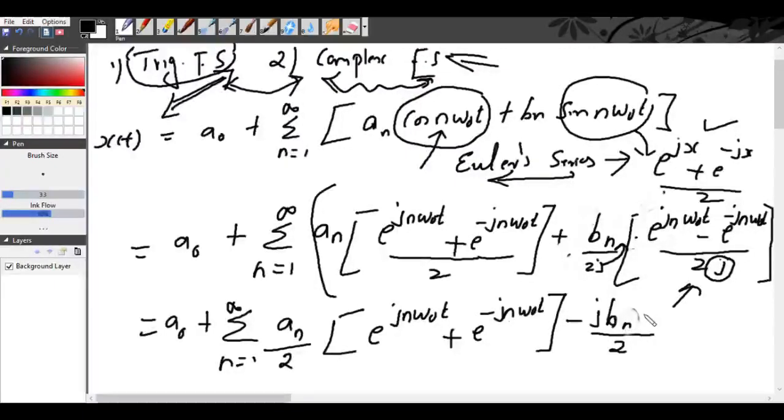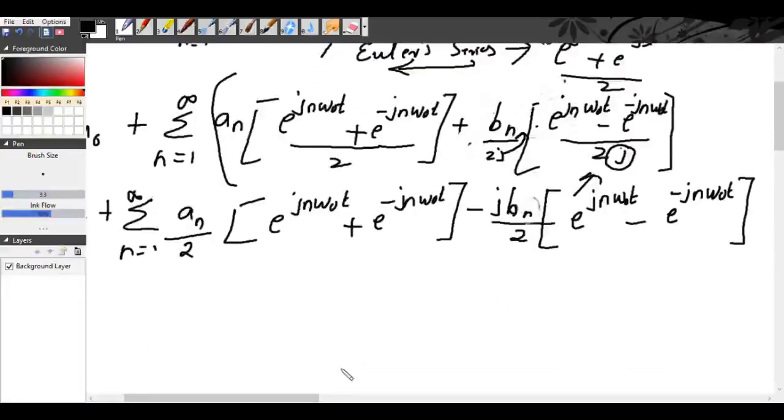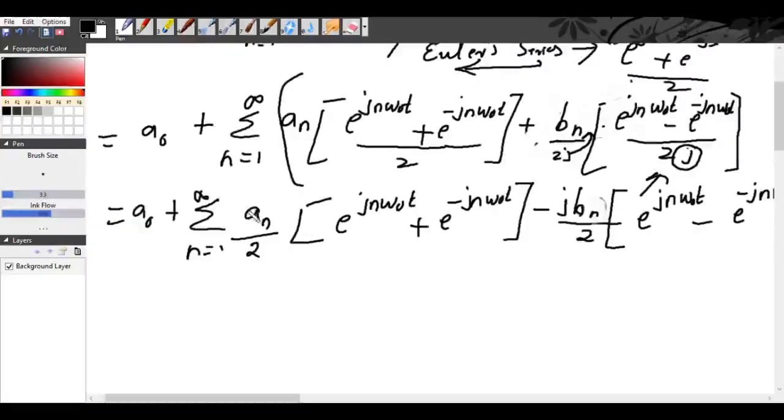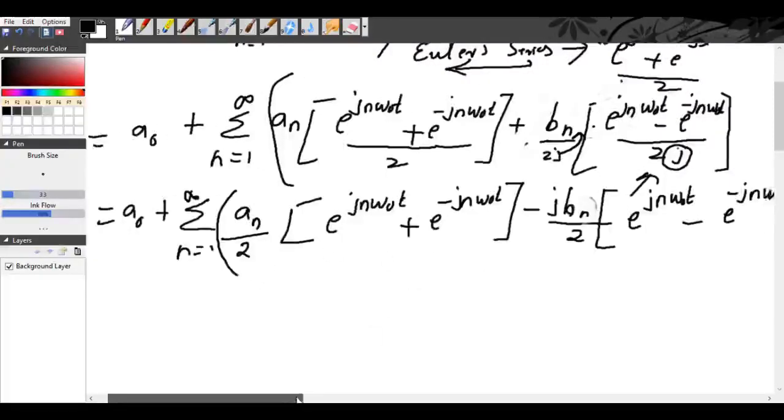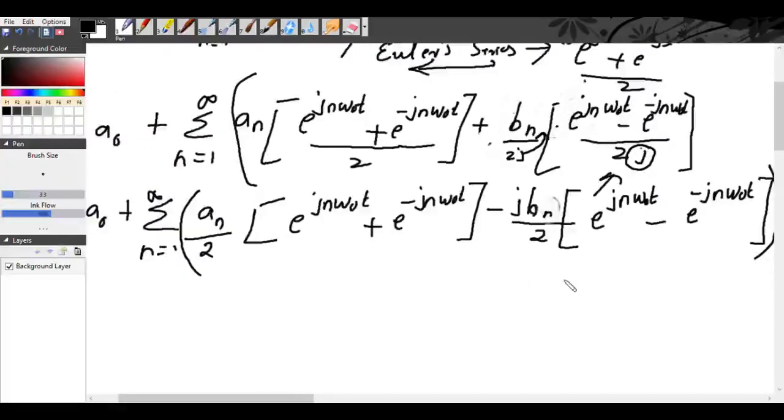Okay, so minus j into b suffix n by 2, into e power j n omega naught t minus e power minus j n omega naught t. I hope you can understand this easier. The summation series includes everything, the cosine part as well as the sinusoidal part, expanded using the Euler series.